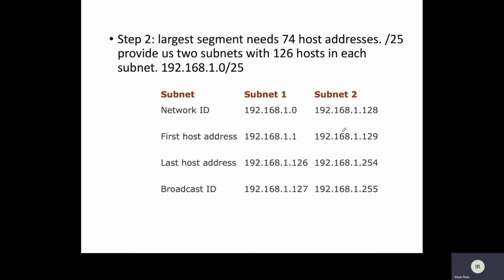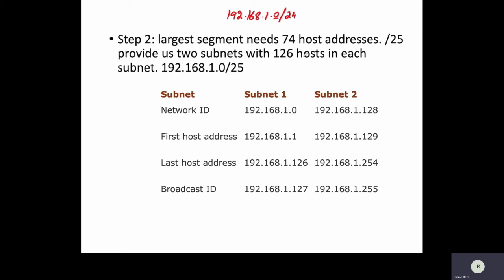So this is the class C address given by the ISP, just assuming 192.168.1.0. We know that 24 bits are for the network portion by default, and 1 octet is for the host portion.